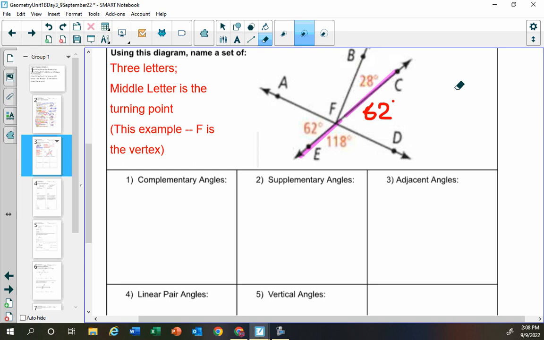But I guess it wouldn't be 90, considering if one side is 90, wouldn't that mean the other side would have to be 90 as well? In the end, it would be. So you two are right. So that AFB is indeed going to be 90.